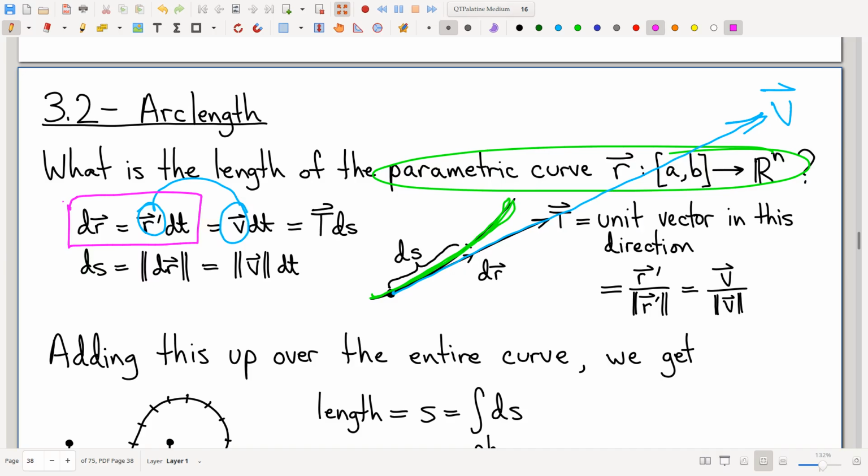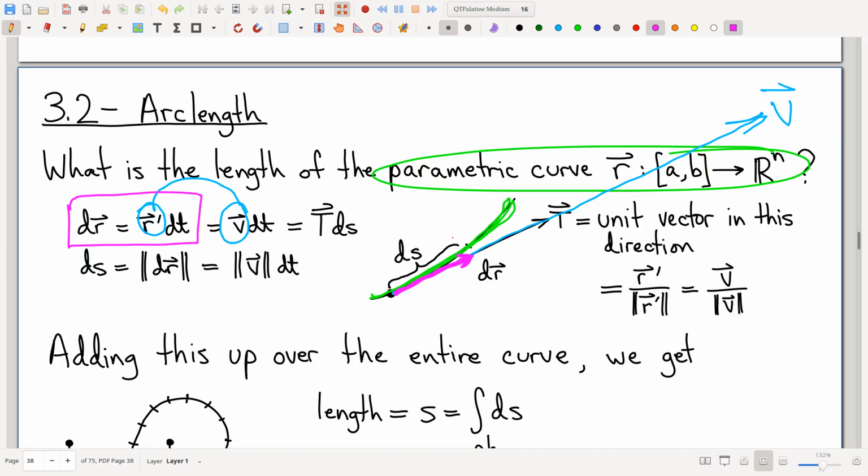So dr, r representing position, this says, what is our linear estimate of how much position changes along this curve? And the linear estimate of change in position would be something like this. It would say, well, look, I figure we're probably going to be going about with that same velocity. So I figure we'll probably end up about here.